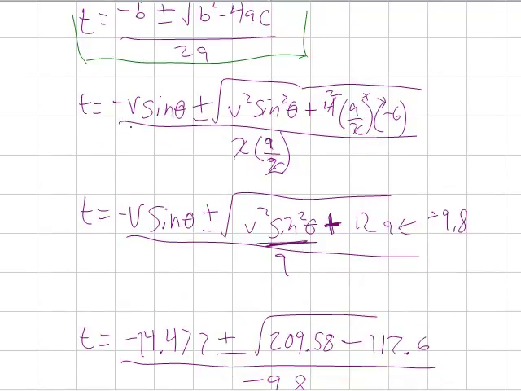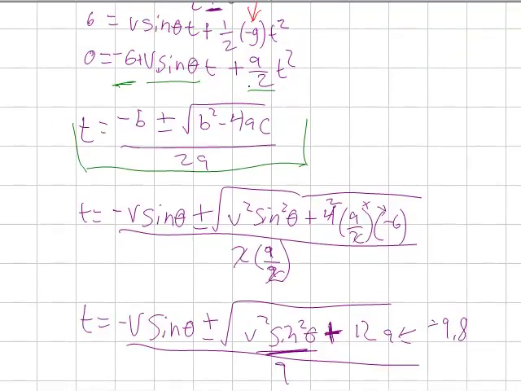And we plug them in. So it's negative B plus or minus the square root of B squared minus 4AC, over 2A. Since A right here is g over 2, the 4 and the 2 cancel out, giving us 2, and the 2 multiplies to 6.